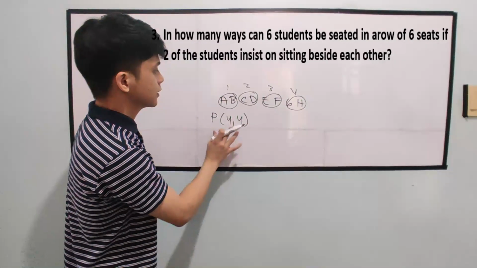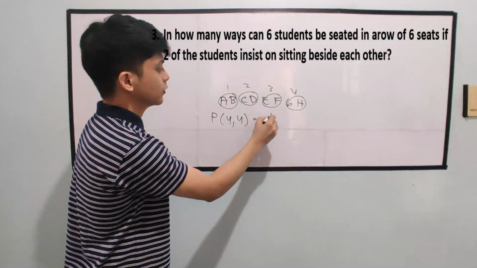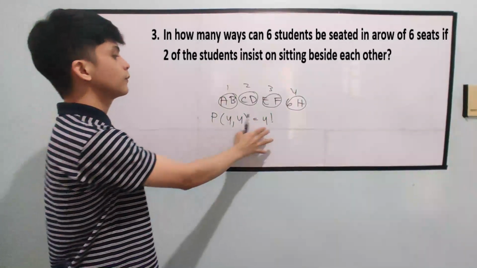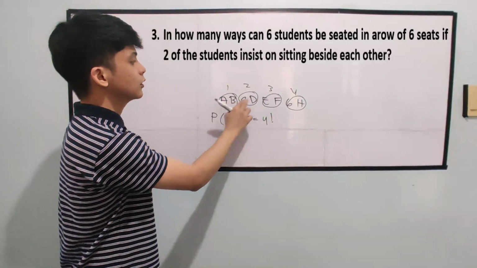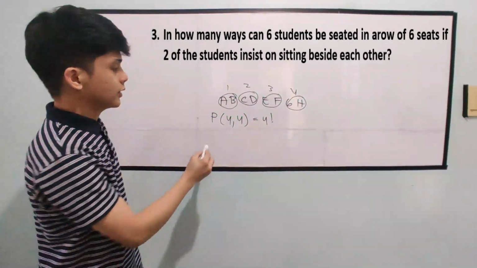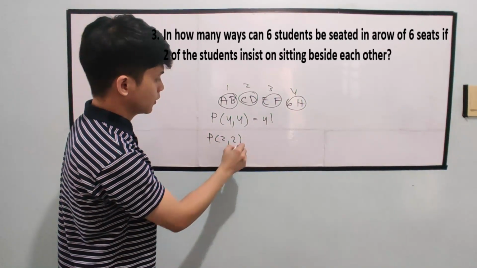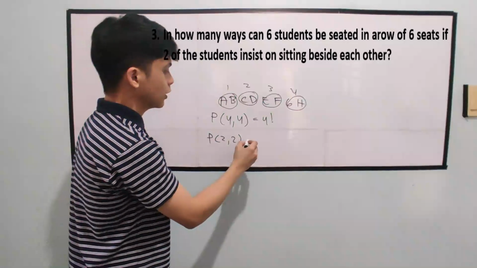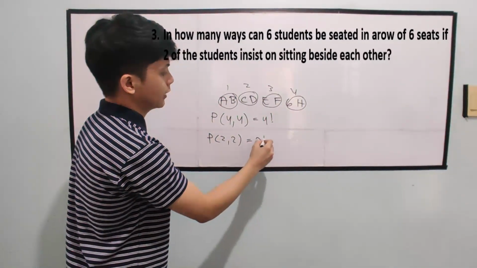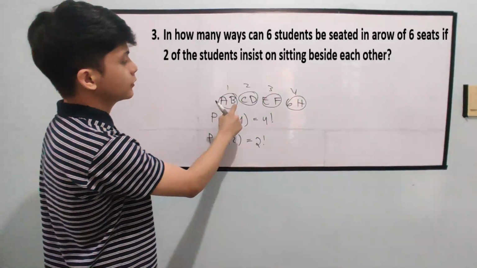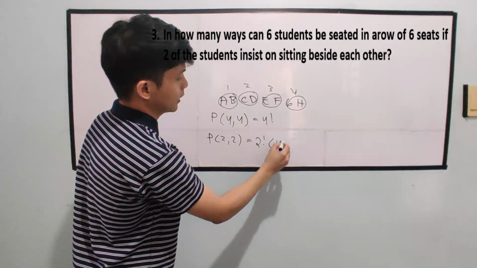That is equal to, so as a group to, no? 4 factorial. Now, aside dito, ma-arrange din natin sila individually. So, itong mga couple na to, pwede pa natin silang ma-arrange. So, that is permutation of 2 taken 2. Okay? That is equal to 2 factorial. And then, dahil meron tayong 1, 2, 3, 4 na couple, times 4 pa natin yan.